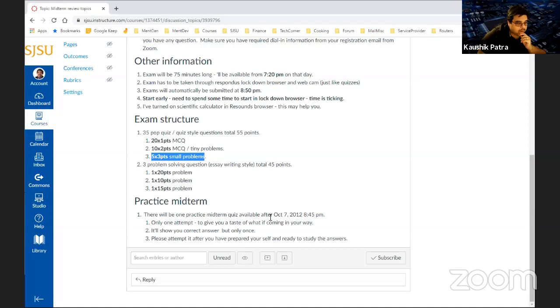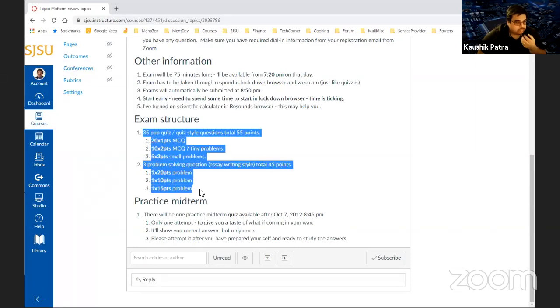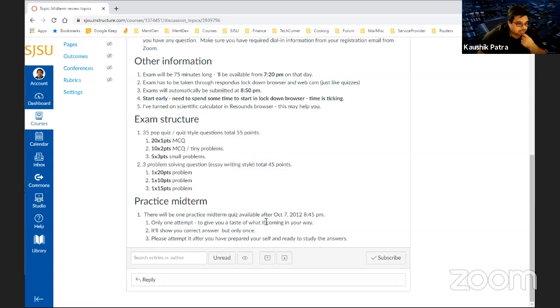I will open up tonight one practice midterm, which has a similar set: 35 pop quiz style questions, 3 problems. This is to give you a taste of what is coming your way, so that you can time yourself. Do this one practice midterm and time yourself to see how you need to pace through. But it has only one attempt.